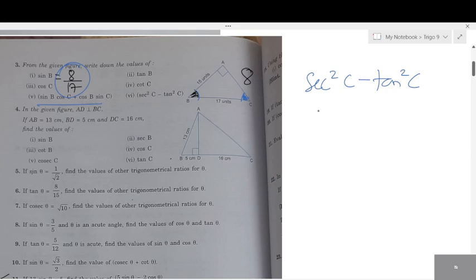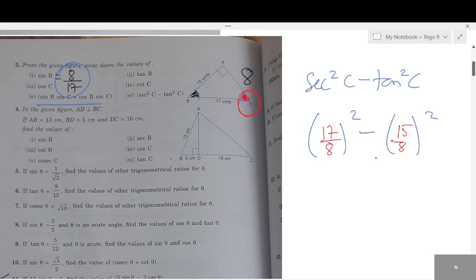What is the sec value? Hypotenuse by base. What's the formula? Answer 17 by, for C, students, for C which is the base. Next, for tan C, perpendicular by base, which is perpendicular, 15 by 8.